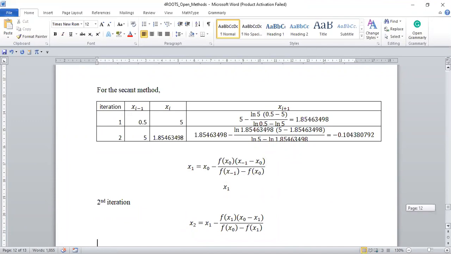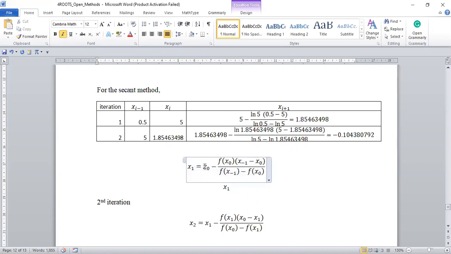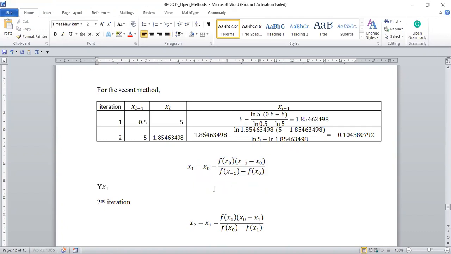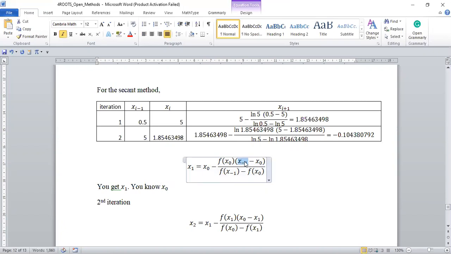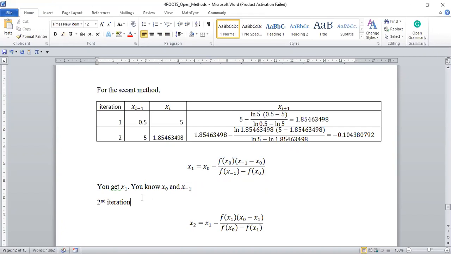So if you look at the difference now, for the secant method, for the first iteration, you get x1, and you know x0 and x minus 1. That's for the first iteration.